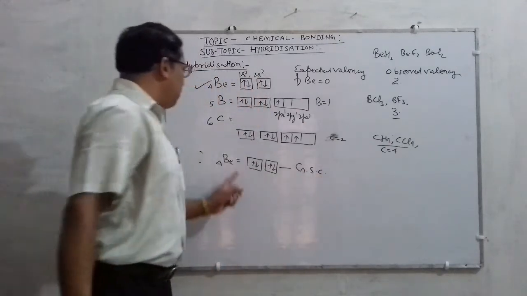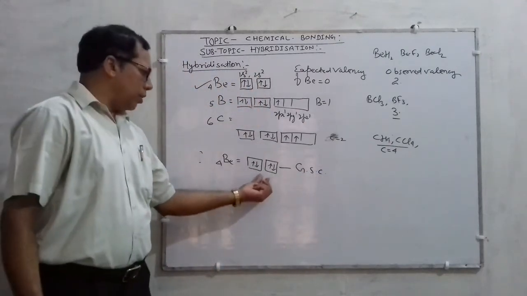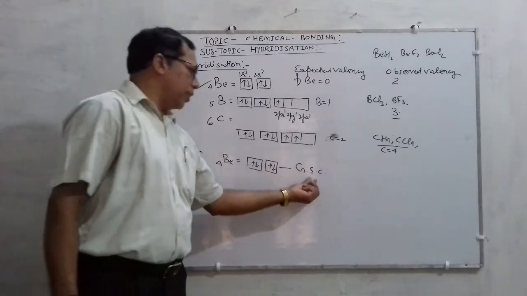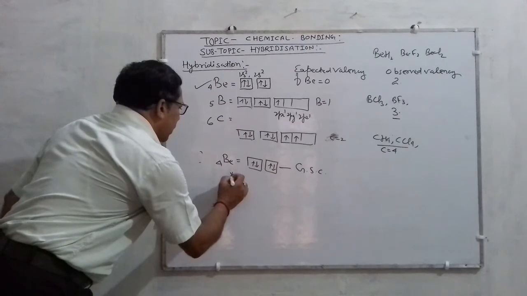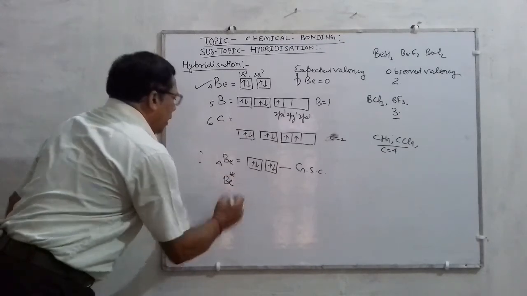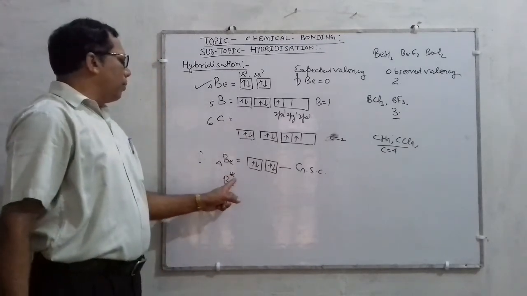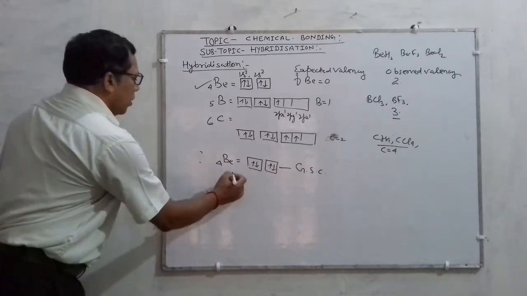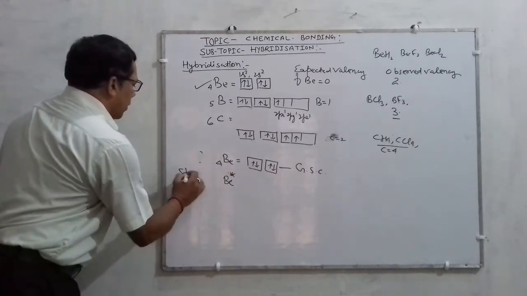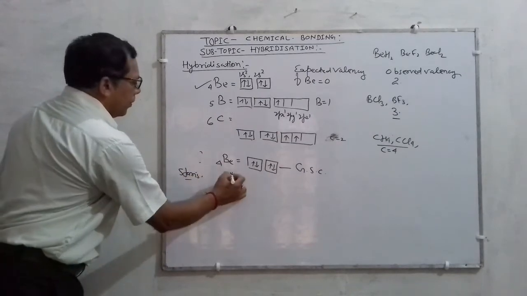Children, you must remember that this configuration of beryllium is called the ground state configuration. But if the beryllium atom gets extra energy, the extra energy is denoted by this symbol, called the star.